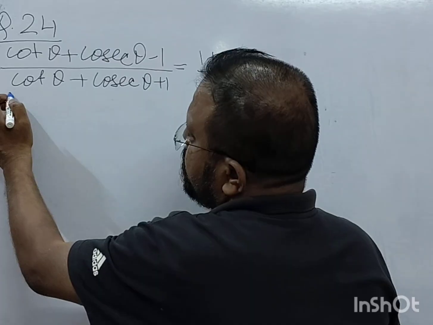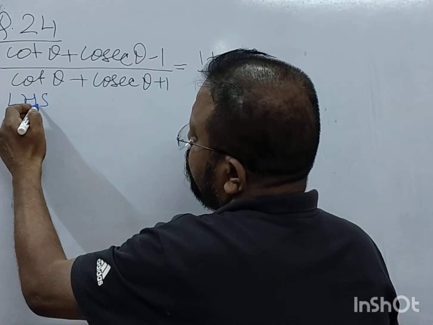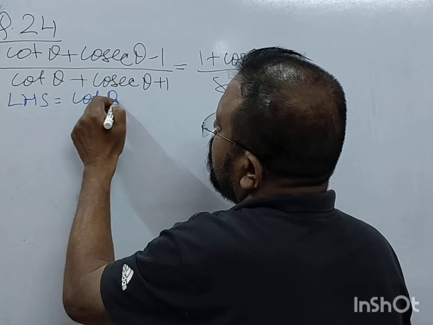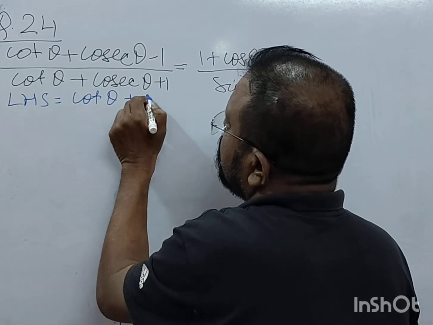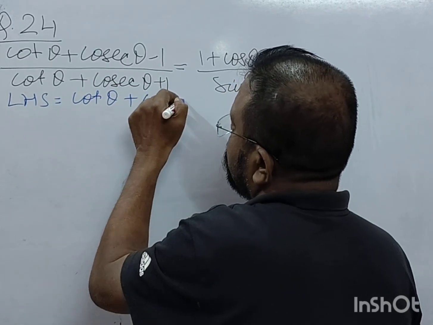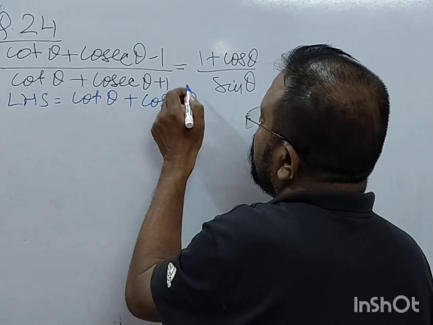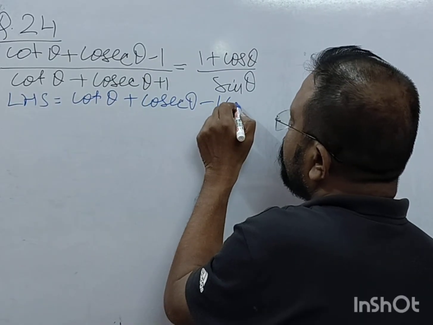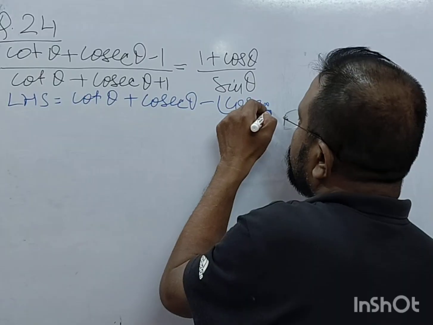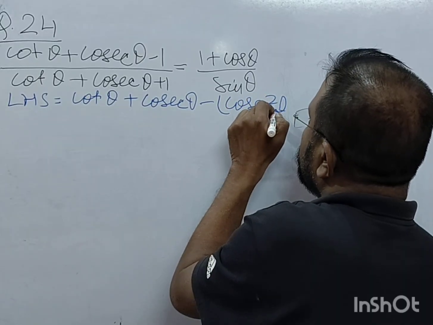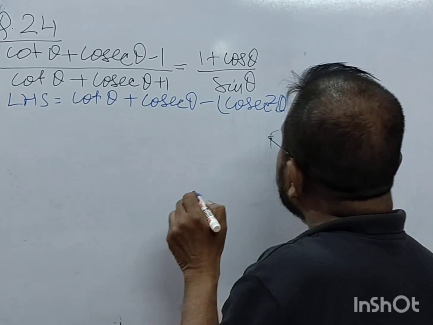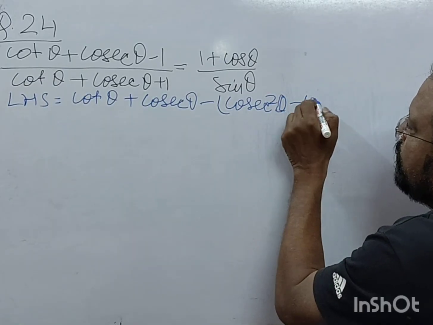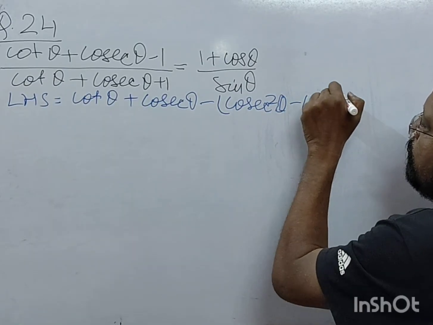This is LHS. We have cot theta plus cosec theta minus 1. In place of 1 you will write cosec square theta minus cot square theta, right?